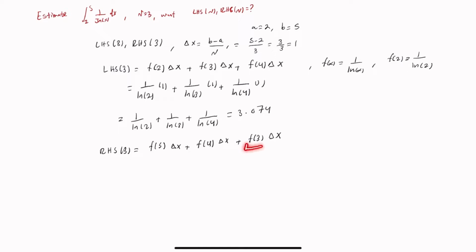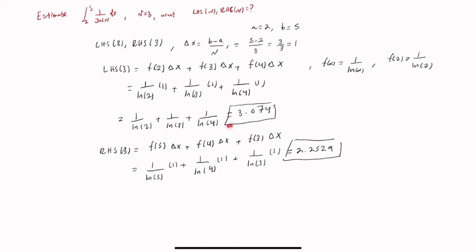Notice here we have 3 terms, which is the same thing as subintervals equal to 3. So this is going to be equal to 1 over natural log of 5 multiplied by 1, plus 1 over natural log of 4 multiplied by 1, plus 1 over natural log of 3 multiplied by 1. This is going to be equal to 2.2529.